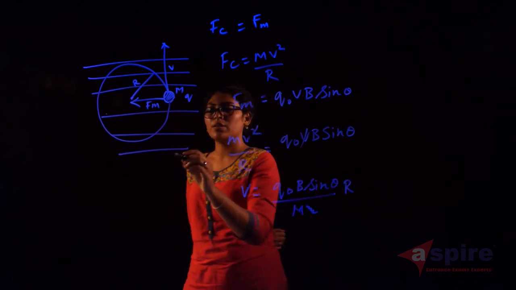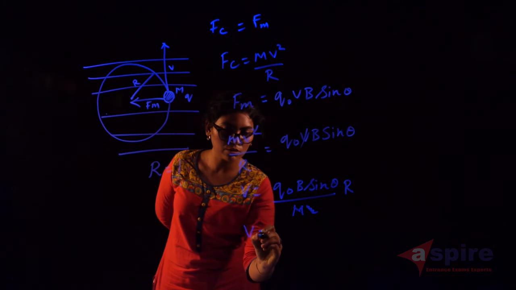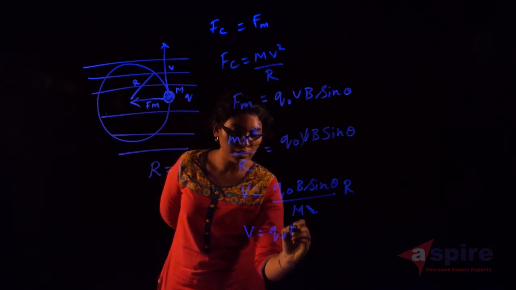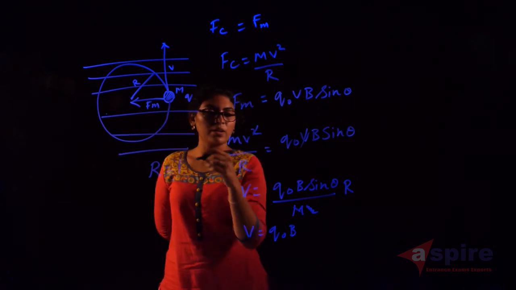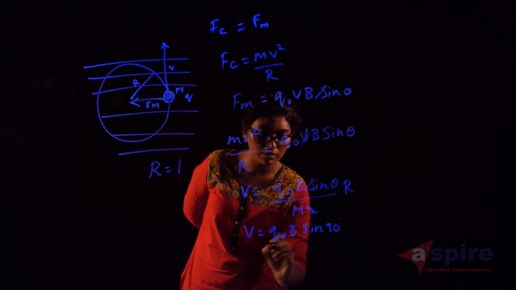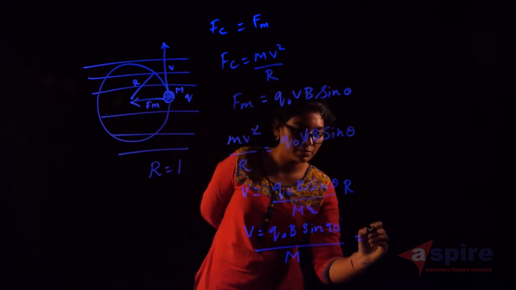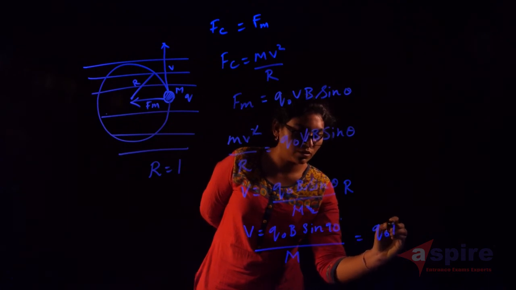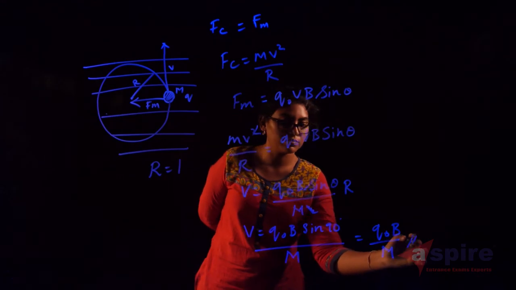Here theta is 90 degrees since it is normal, so sin 90 is nothing but 1. So the angular speed will be q B by m.